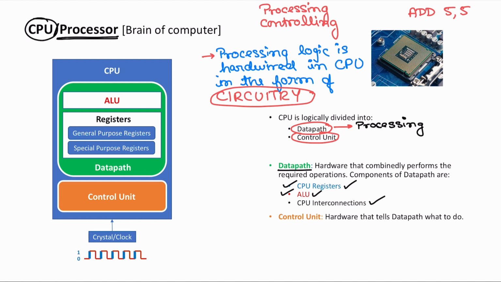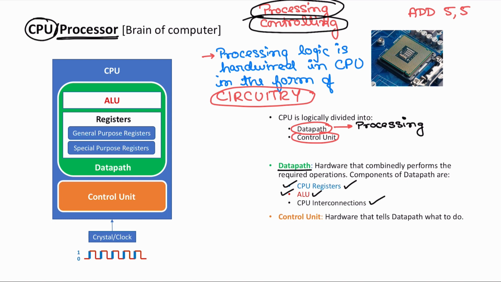Okay, now this is the data path. This is all about the data path. Now what is the second thing that the brain does? Like we discussed processing, right? The second part is controlling. Okay, what is controlling? Controlling involves managing all the components to perform a certain operation.